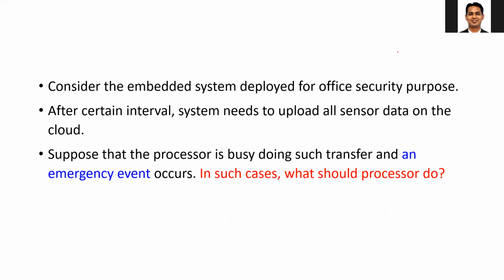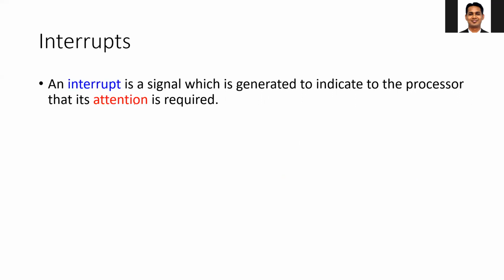In such cases, interrupts are used. An interrupt is a signal generated to indicate to the processor that its attention is required. As discussed in the previous lecture, interrupts are generated outside the processor while exceptions are generated inside the processor.